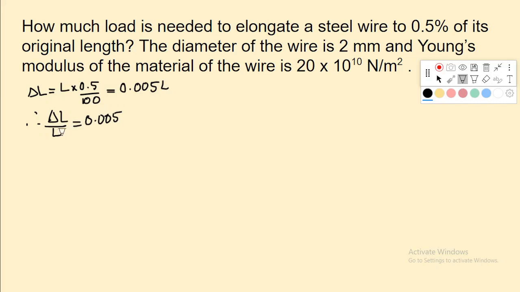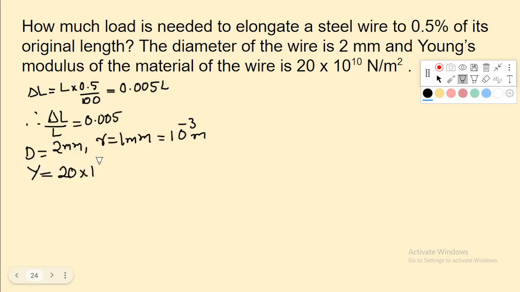And the diameter is given. The diameter D is equal to 2 millimeter. From that, radius is equal to 1 millimeter. Convert into meter, radius equal to 10 raised to negative 3 meter. And the value of Y, that is 20 into 10 raised to 10 Newton per meter square. And the value of g, that is 9.8 meter per second square.